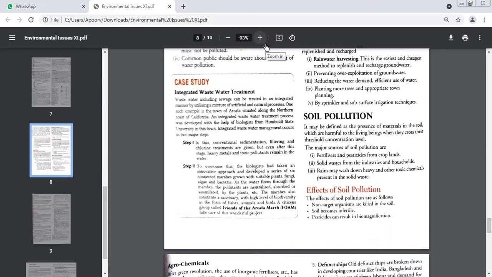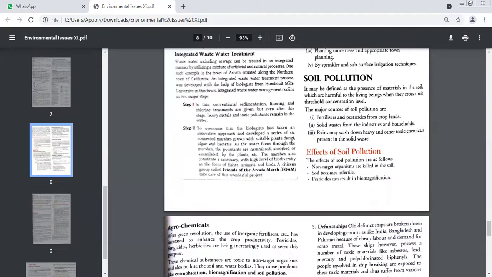Okay, very good. Now let's move on very quickly to soil pollution. The definition will remain the same as what we had done earlier. Presence of materials in the soil which are harmful to the living beings. They are harmful to whom? Living beings.